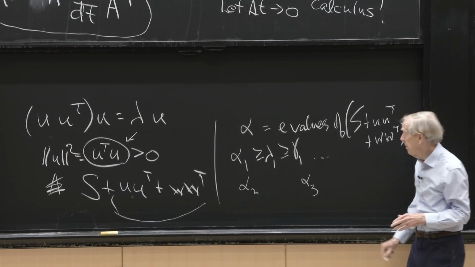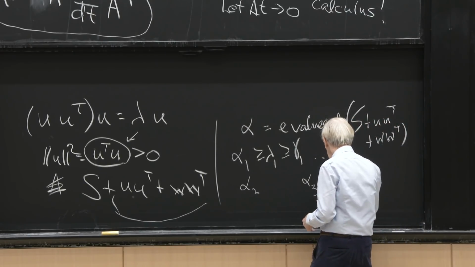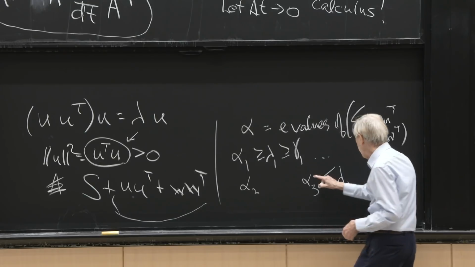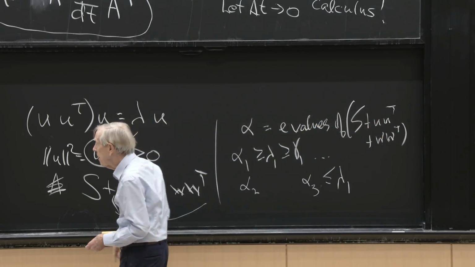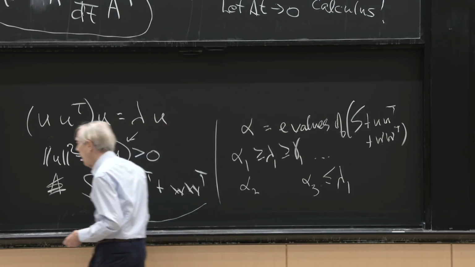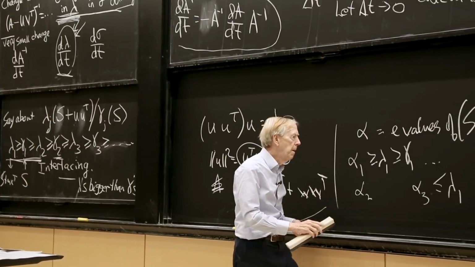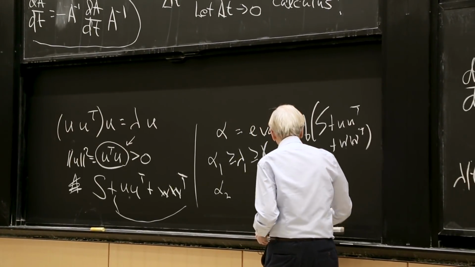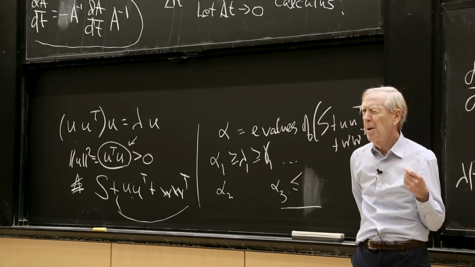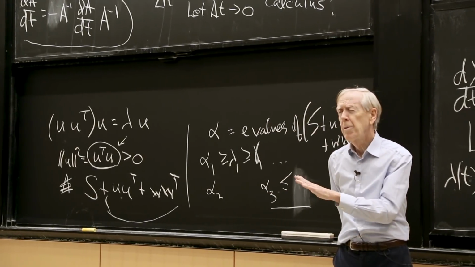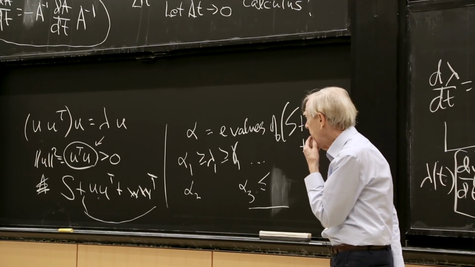It could pass lambda 1, but alpha 3 can't. I believe that alpha 3 is smaller than lambda 1. So alpha 3 is smaller than gamma 1, the original guy. Okay. Anyway, I'll get it right in the notes. You know what question I'm asking, and that's, for me, the important thing.